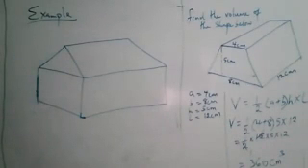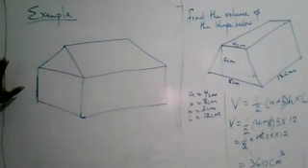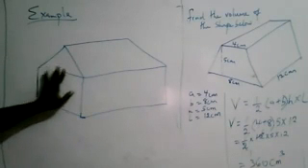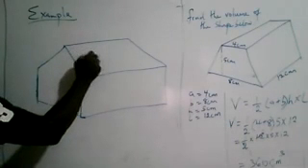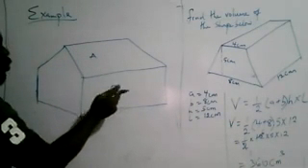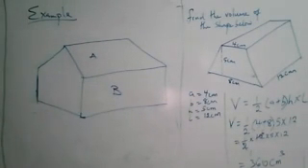Now, if you look at this shape, you will see that it is a combination of both a triangular prism, which you have here, and a rectangular prism, which is a cuboid down here. So let me rub this other part off.